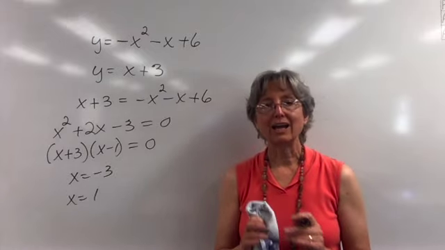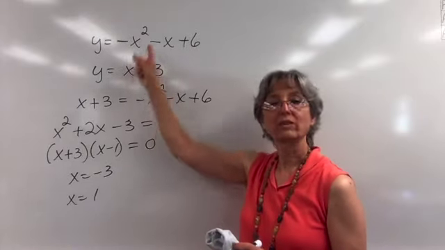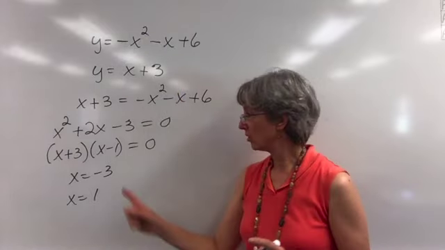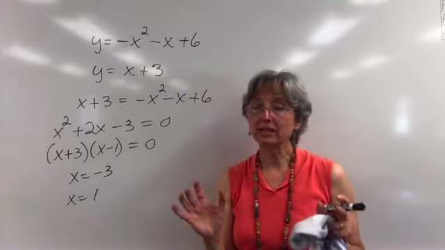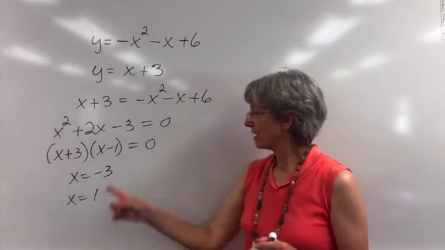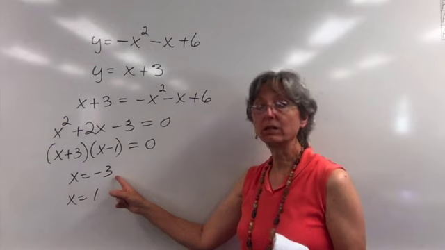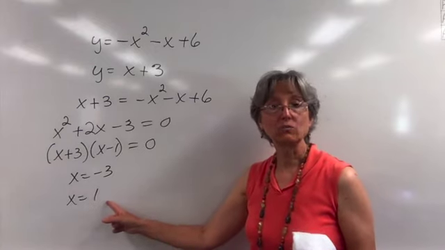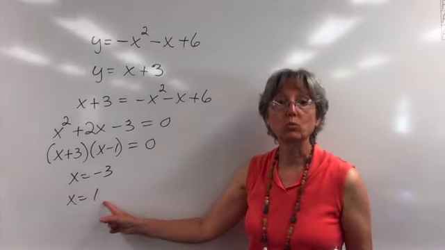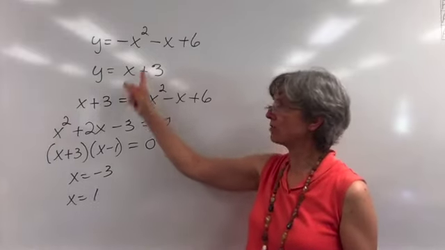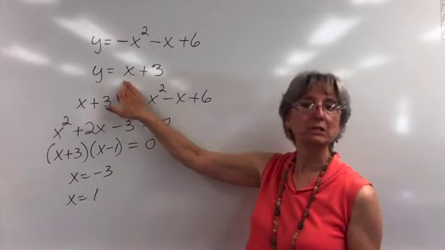Now remember, I am looking for the points where these two figures intersect. I know my two x's. My answers are going to be ordered pairs. One of my solutions has an x of negative 3. The other solution has an x of 1. All I have to do is figure out the y of my ordered pair. So I can plug these into either one of these, and boy, wouldn't that be simpler.